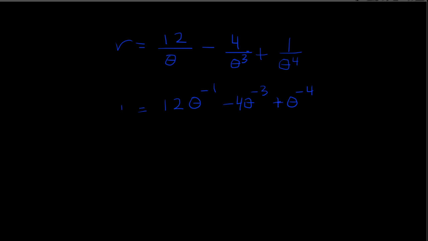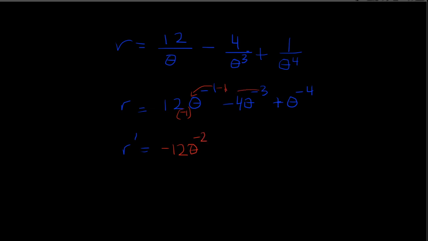Now I'm going to take the derivative. For theta to the negative first, I'm going to bring down the negative 1 and then subtract 1 in the exponent. So that would be negative 12 times theta to the negative second.